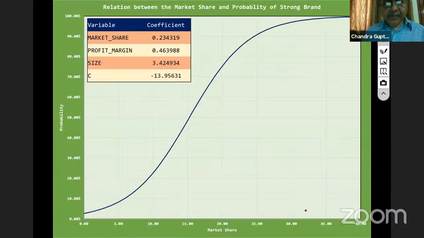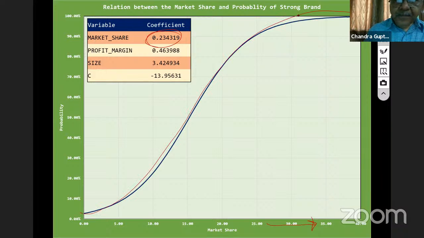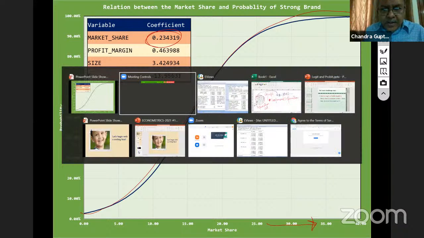Next, like here, the sign is positive, and as your market share is increasing, probability is also increasing. And I can show you how you can make this graph in Excel.